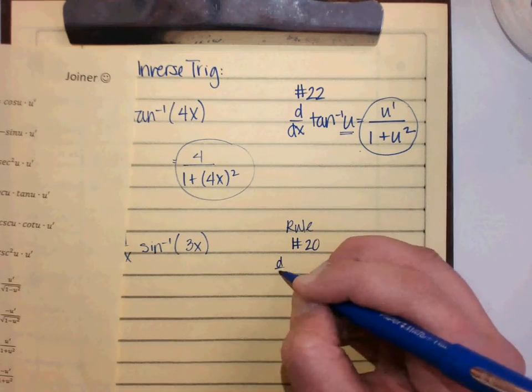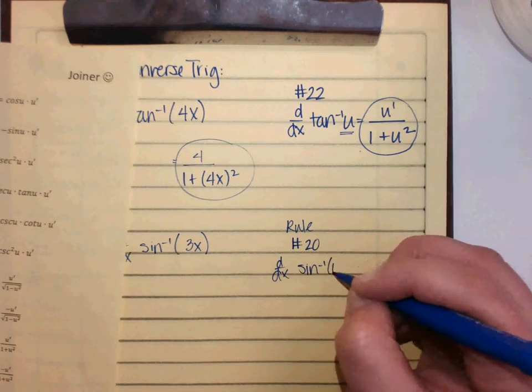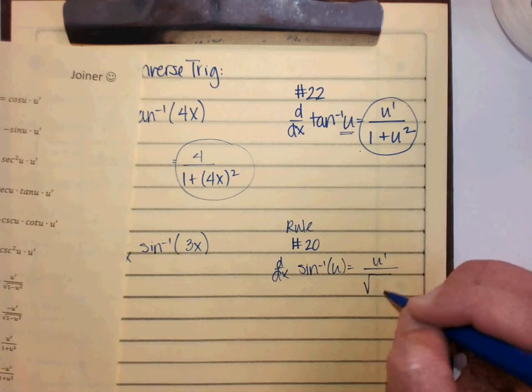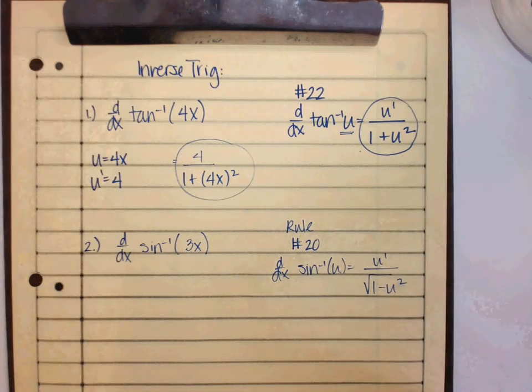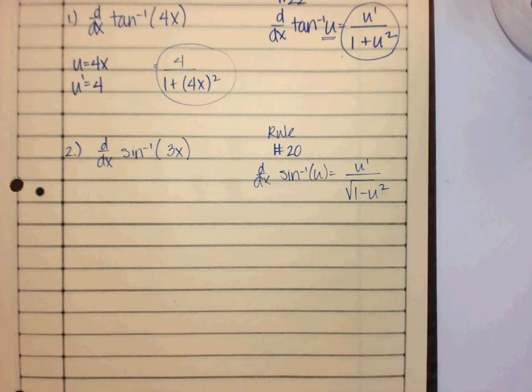And it says d dx inverse or arc sine of u equals u prime over the square root of 1 minus u squared. Yes, arc and inverse are the same. Arc you'll see a lot more commonly in college. The AP test uses inverse, but you should know they're the same.